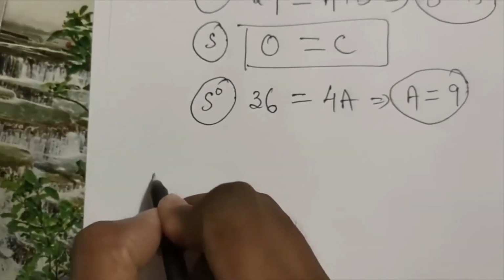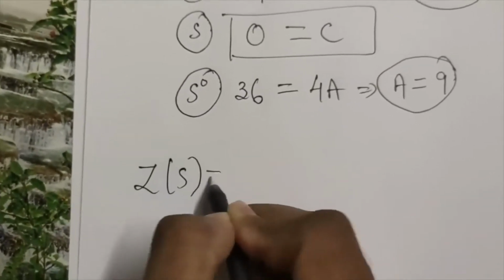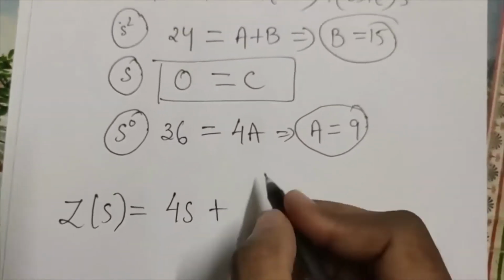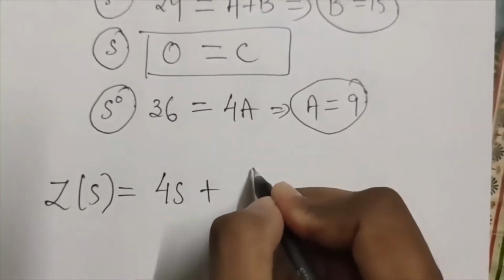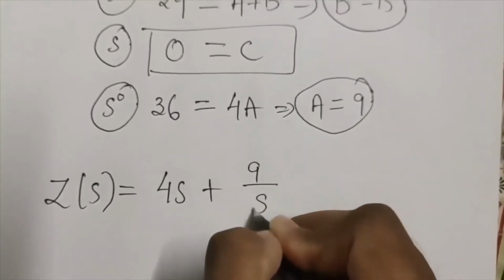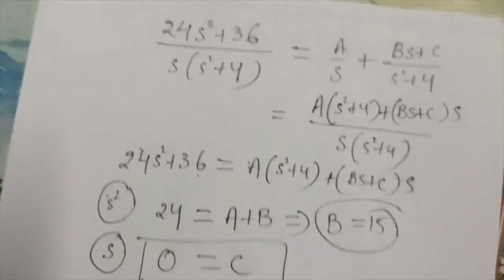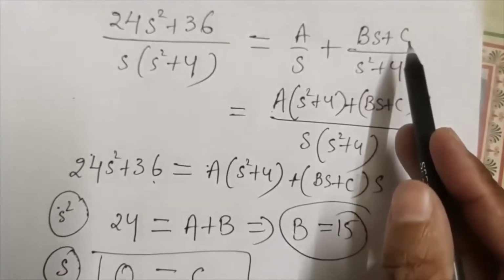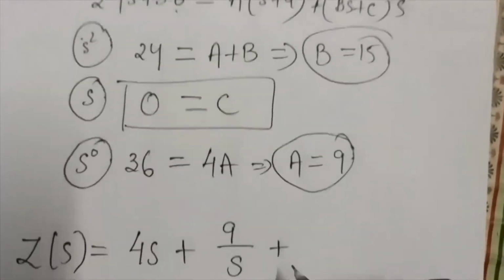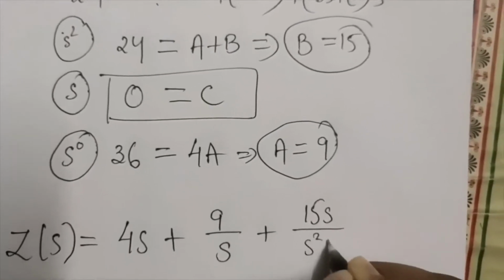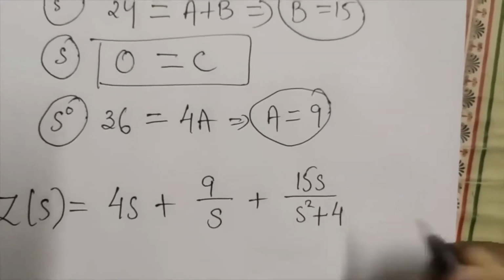So the given expression Z of S can be written as 4S plus, since A value is 9, 9 by S, plus BS plus C over S square plus 4. C anyhow is 0 and B value is 15, so 15S by S square plus 4.